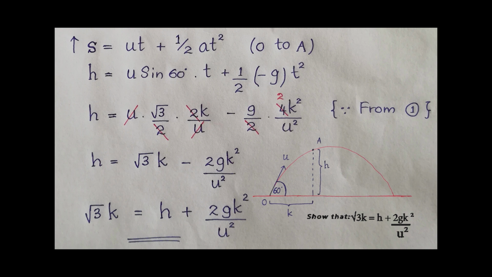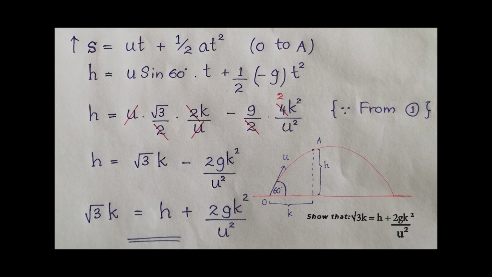Gravity is acting vertically downwards, so I have to substitute minus g here, into t squared. After the simplification, I will get h equals root 3 k minus 2g k squared over u squared.